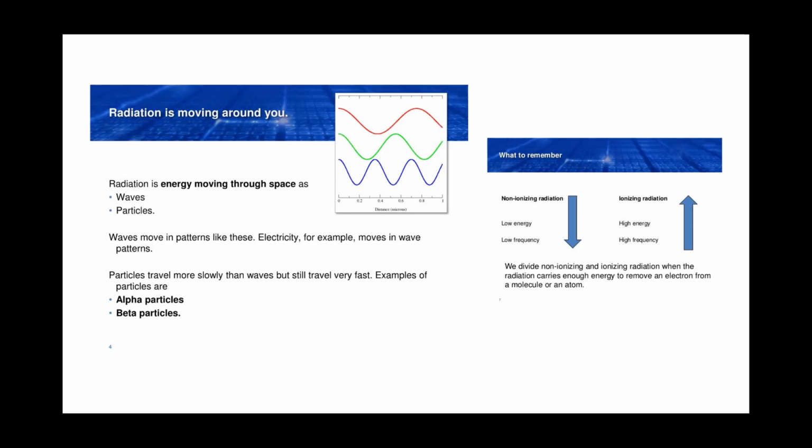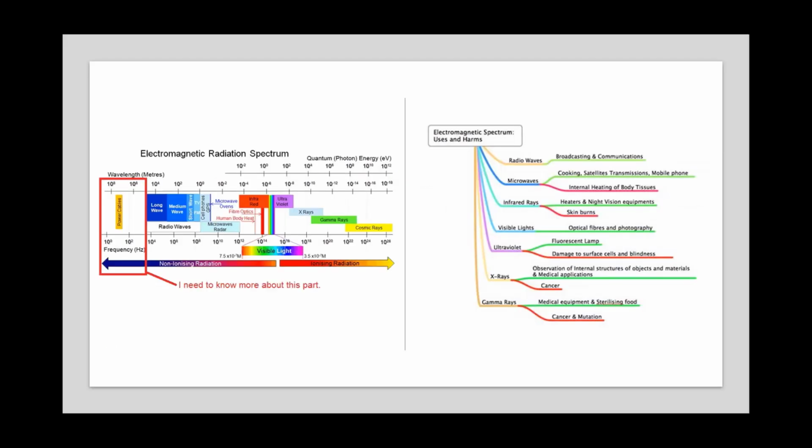Particles travel more slowly than waves, but they still travel very fast. Examples of particles are alpha particles and beta particles. Radiation comes in the form of radiation waves and particles. In ionizing radiation, we have particles and wavelengths.